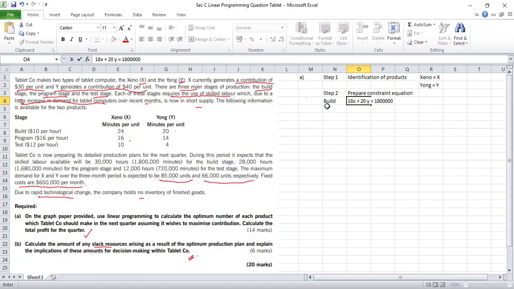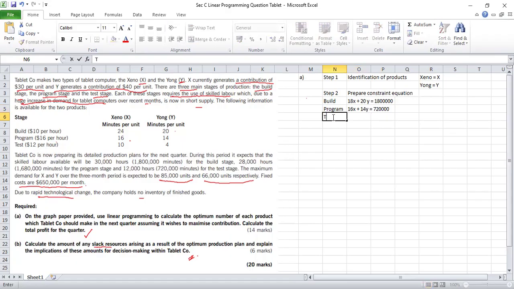We are using minutes. The second one is program, 16x plus 14y is equal to 720,000 minutes.